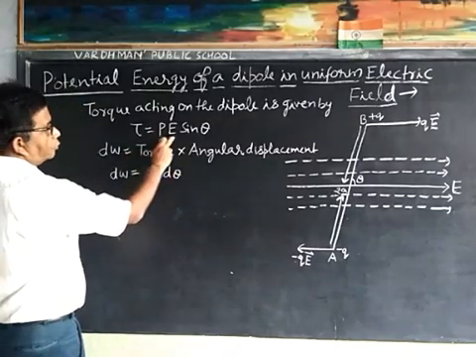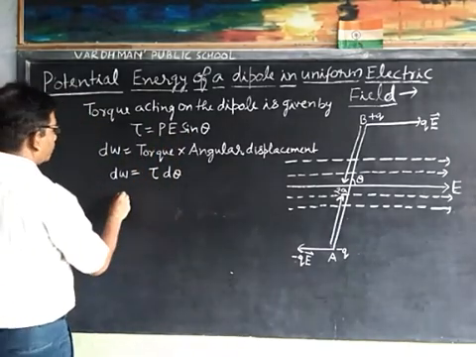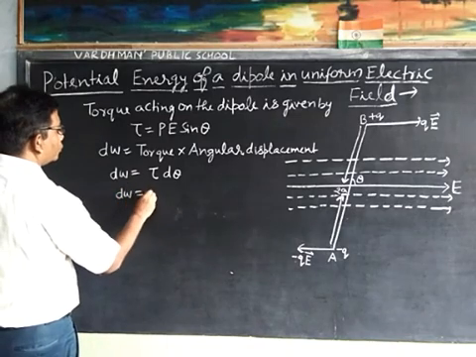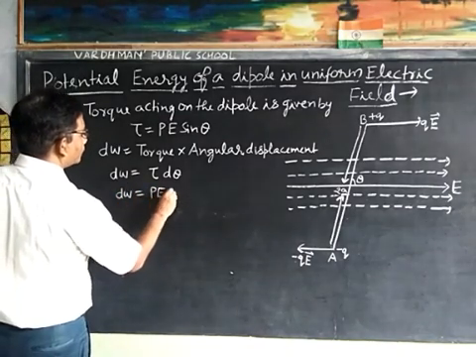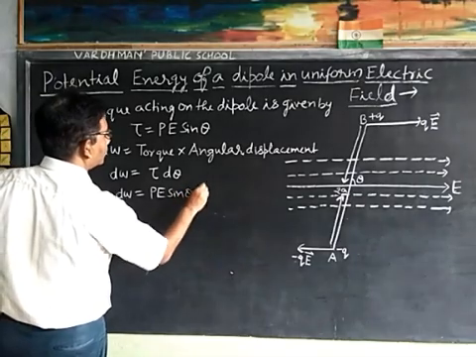Since tau is equal to PE sin theta, therefore dW is equal to PE sin theta d theta.